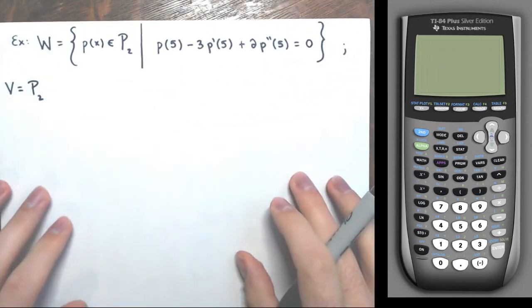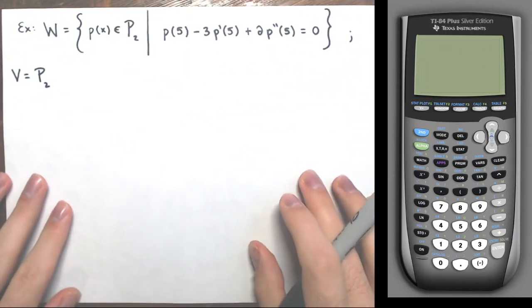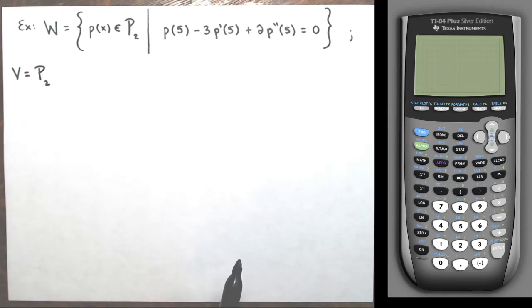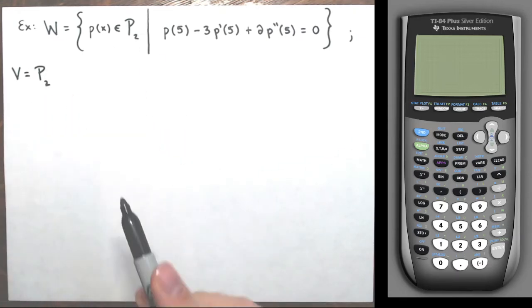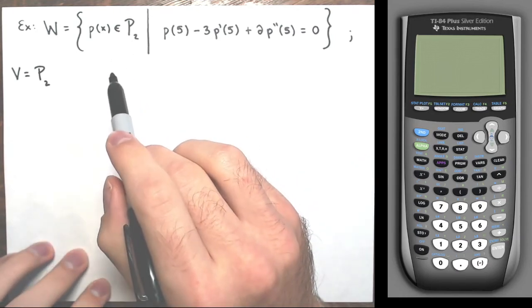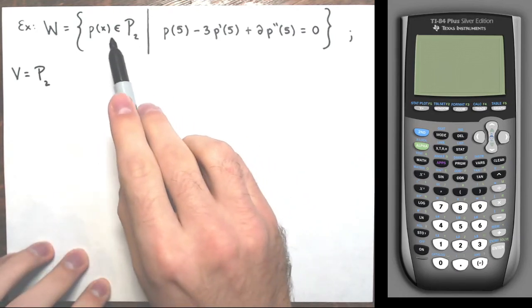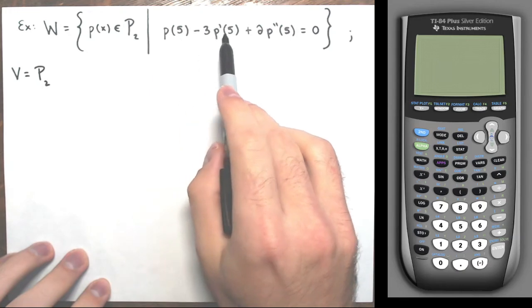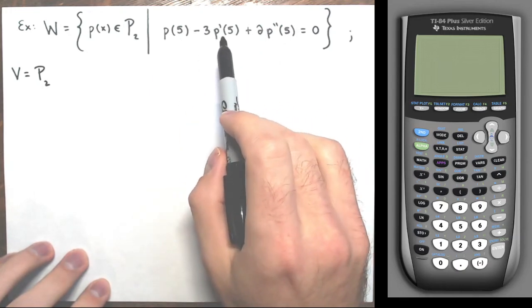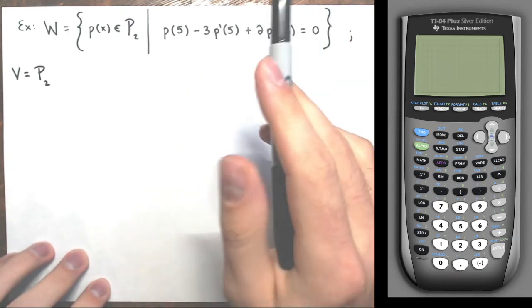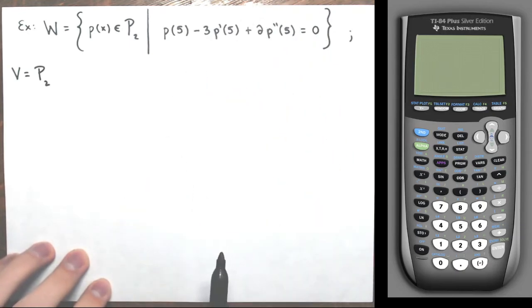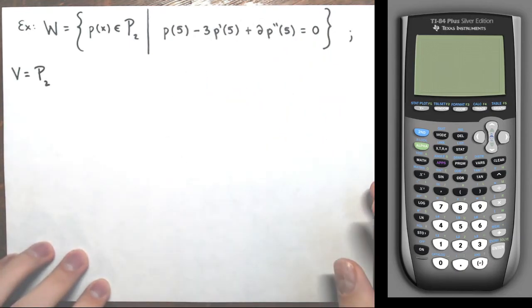All right, so now we're back into polynomials here. W is a set of polynomials of degree 2 or less. And they're polynomials that satisfy the following condition. Now you gotta think, oh, calculus, derivatives. Hopefully derivatives of polynomials aren't something that's too challenging for you, or you remember very easily, right?